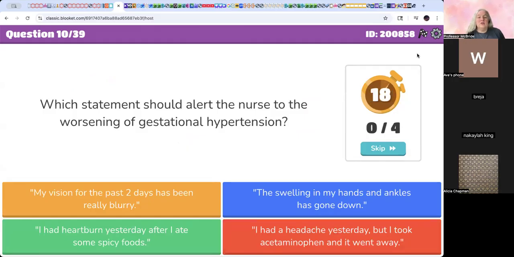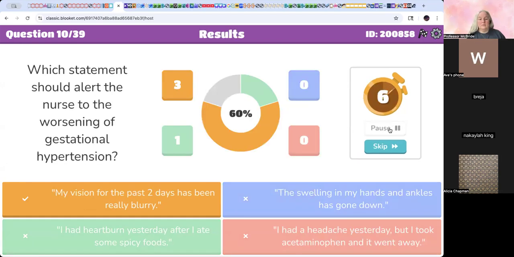Which statement should alert the nurse to the worsening of gestational hypertension? So this one is going to be the vision.